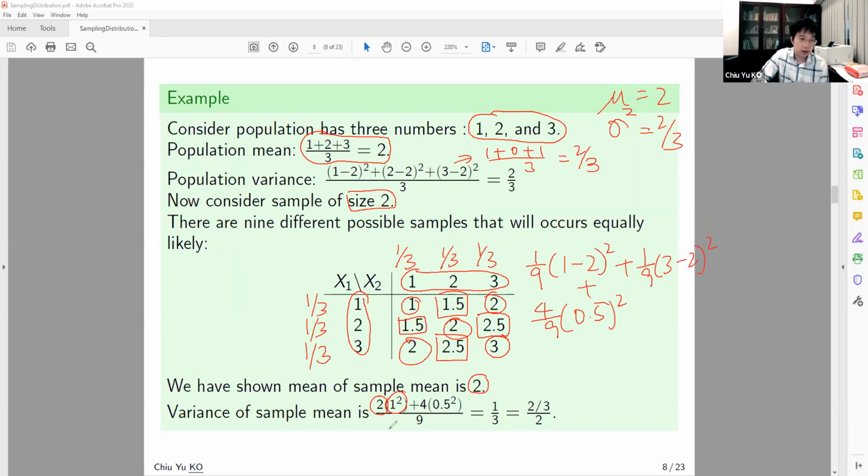This is 2/9 plus 1/9, this is 1, so this is 3/9, which is 1/3. But you can rewrite it as 2/3 over 2. Why? Because this is sigma squared over n. So that shows you why the variance of the sample mean is sigma squared over n.